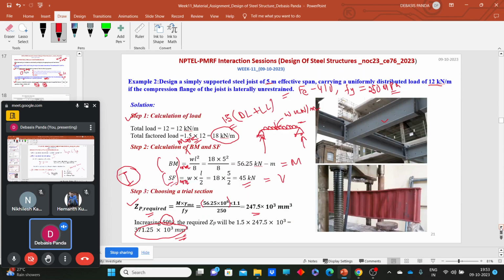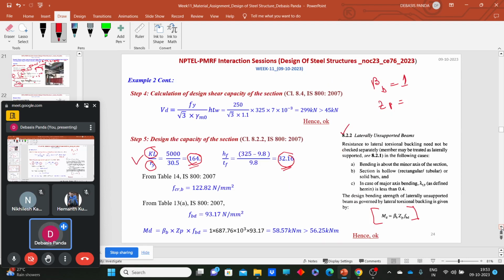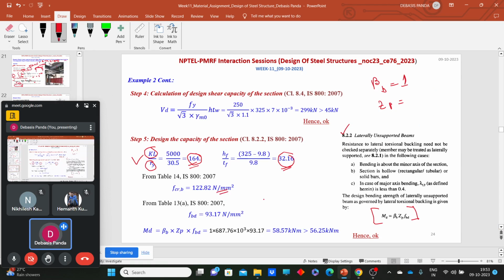You can check the calculations, or else directly take the nearest value. The value of FCRB from table 14 comes as 122.82, or you can directly take the nearest values. I did that linear interpolation numerically, and the FBD value comes as 93.17.